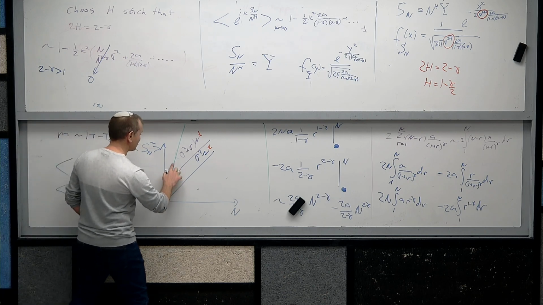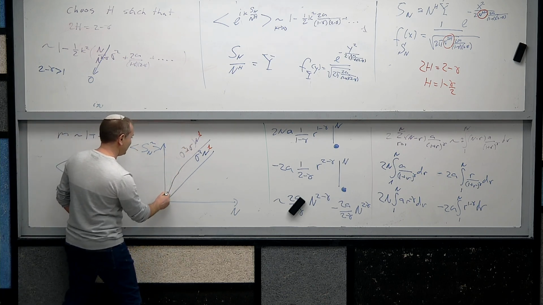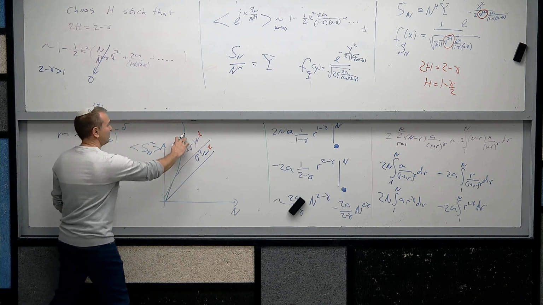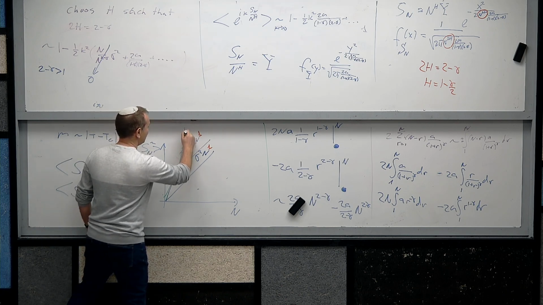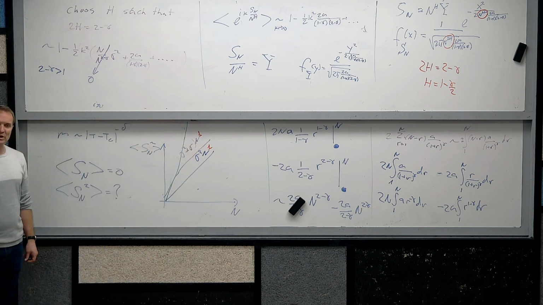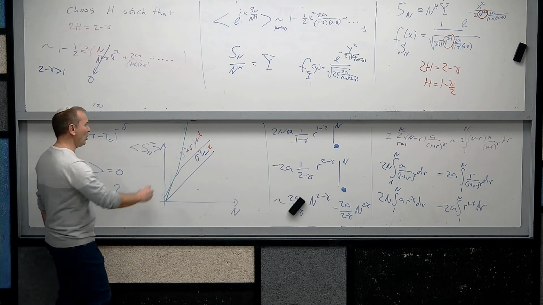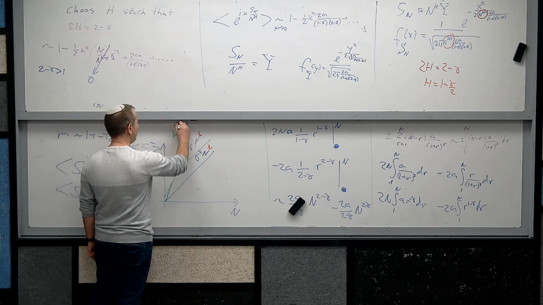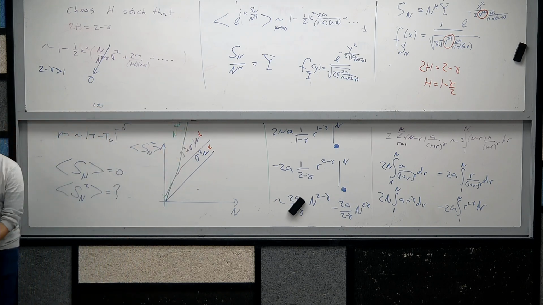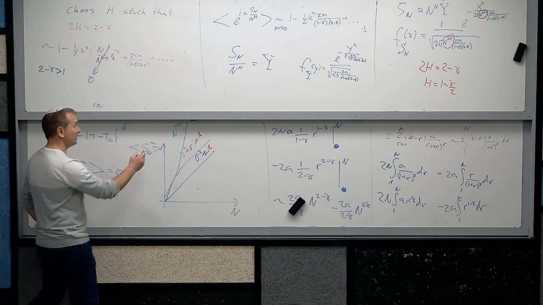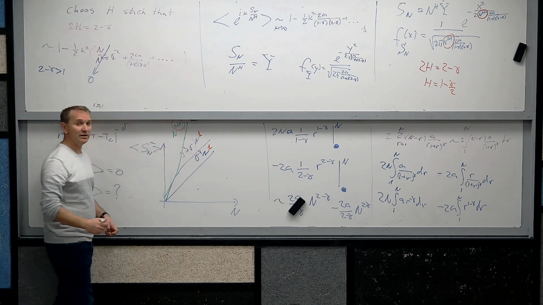It's not linear, sorry. It can be like this. Okay. It won't grow linearly. It will grow as n to the power of 2h. So your exponent, your critical exponent, is something else now.